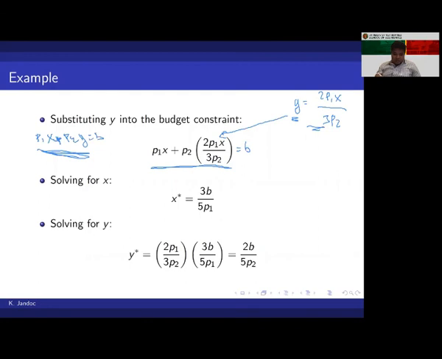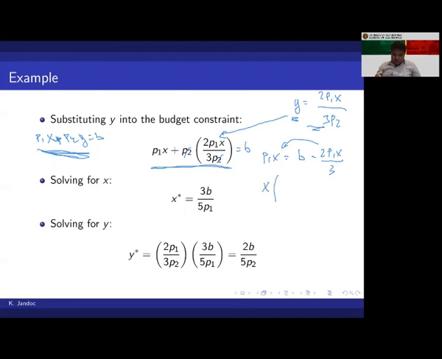Once you move things around, we have that P1x is equal to B minus, now the P2 cancels here, so we have B minus 2P1x over 3. Let's isolate x.